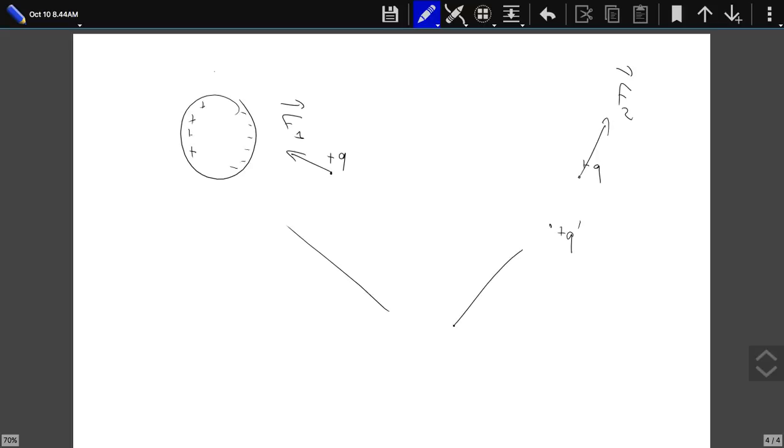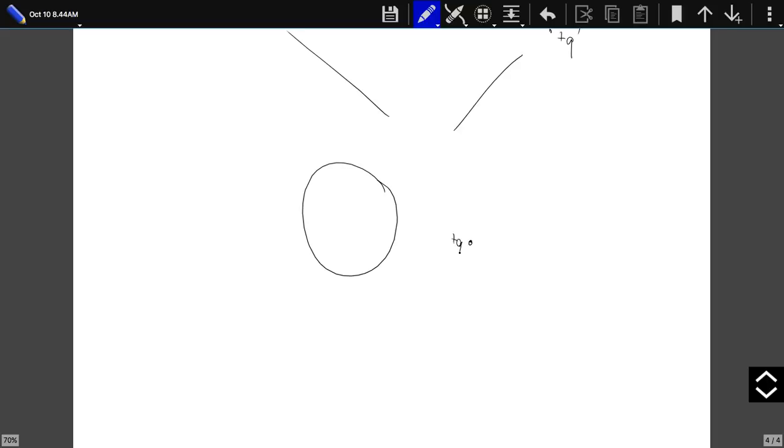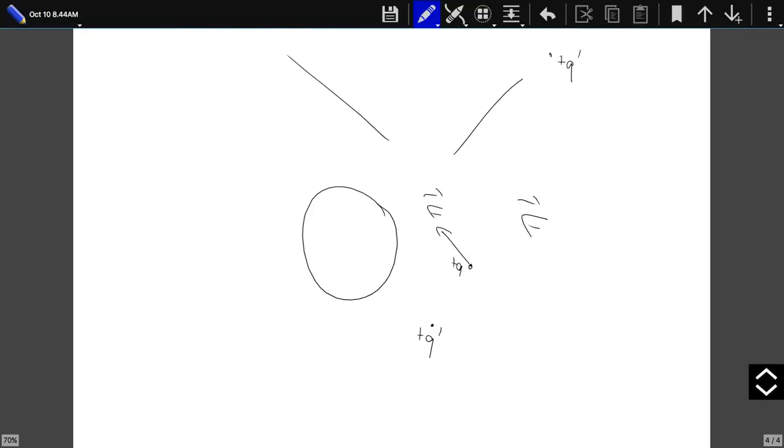And then we can just combine these two. We have our sphere, we have this test charge plus Q, then plus Q prime is over here. Then this plus Q charge will feel some force F. And F will not be equal to F1 plus F2.